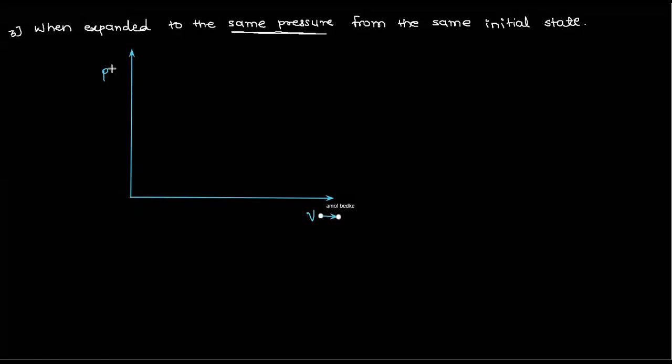Yes, this is pressure and this one is volume. Now, what happens in the third case? If we plot the graph, first see, this is the initial state. Okay, so you are getting curves like this.